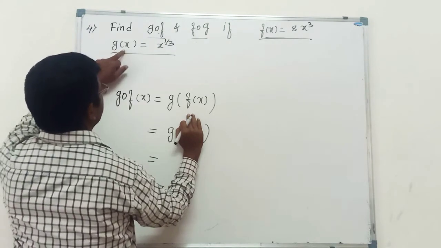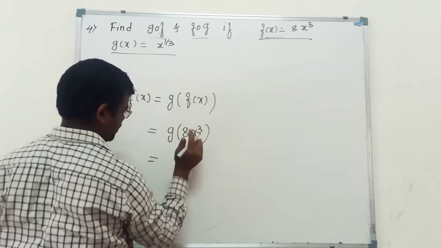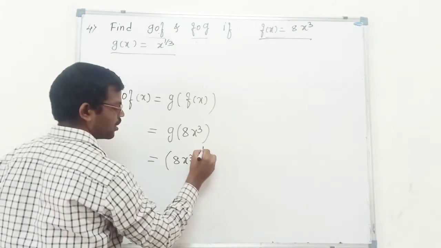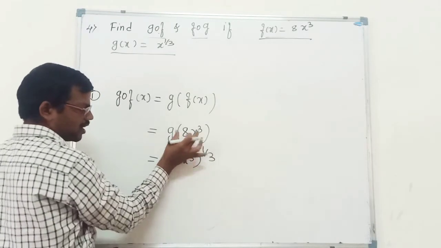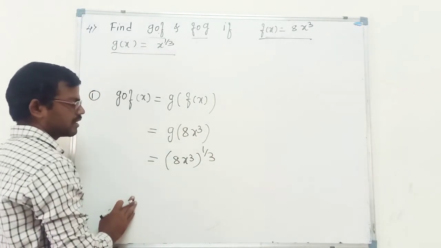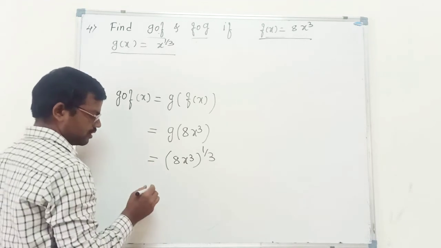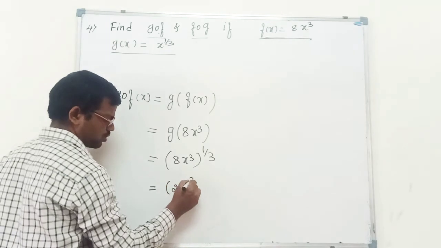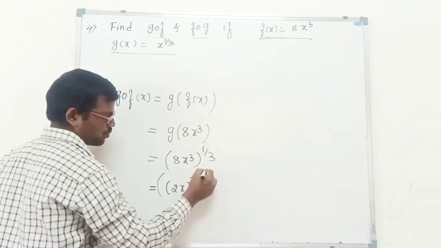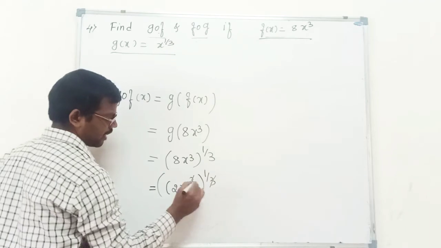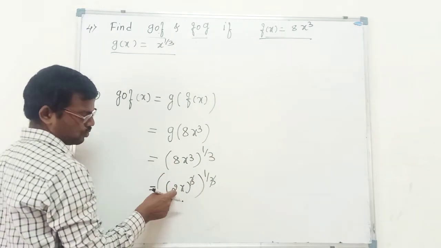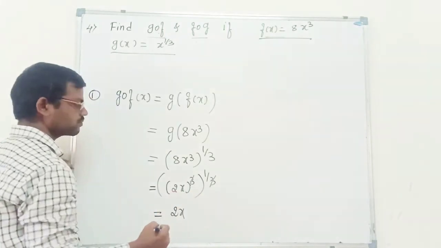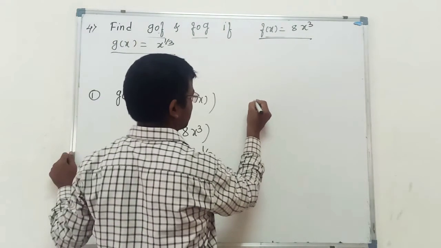G of x is x raised to 1 by 3. So that is 8x cube raised to 1 by 3. So now here we can write 2x raised to 3 raised to 1 by 3. 3 gets cancelled. 2 cube is 8. So then what we got? 2x we got.